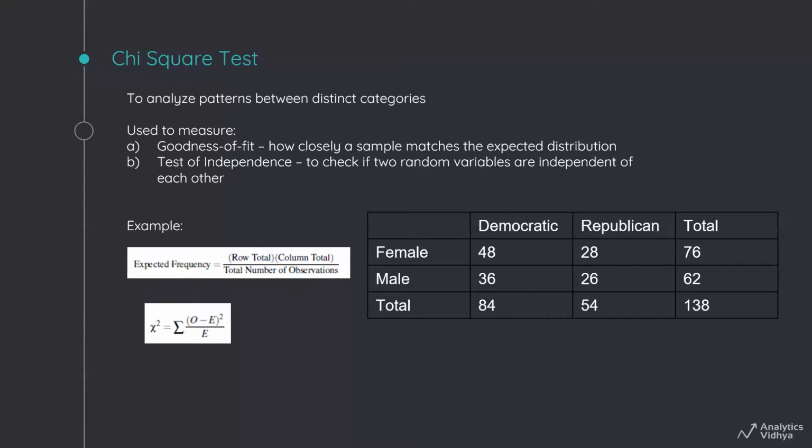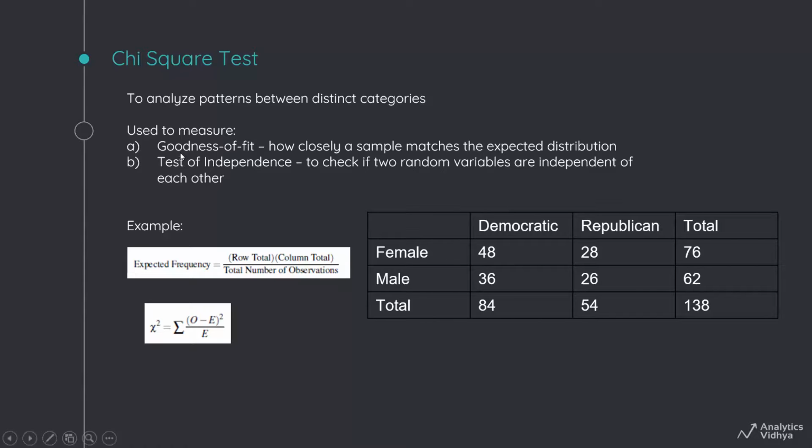Now this is your hypothesis, which you want to check. In this case, my null hypothesis would be there is no effect of gender on the selection of the party, whereas my alternate hypothesis would be female voters would prefer the Democratic Party more rather than the Republican Party. That's how we come up with the null and alternate hypothesis.